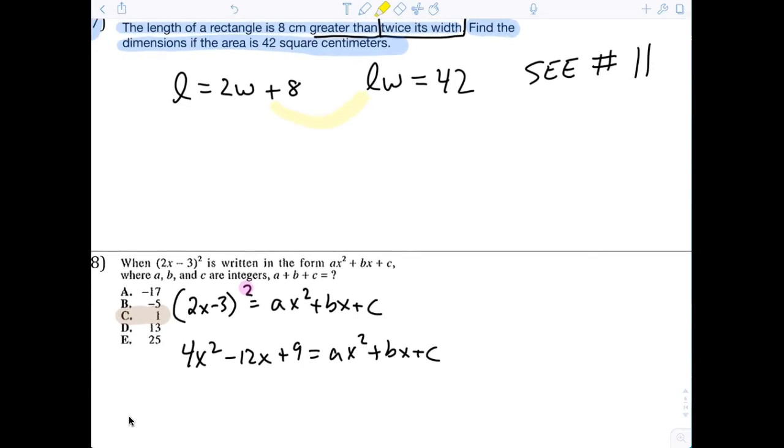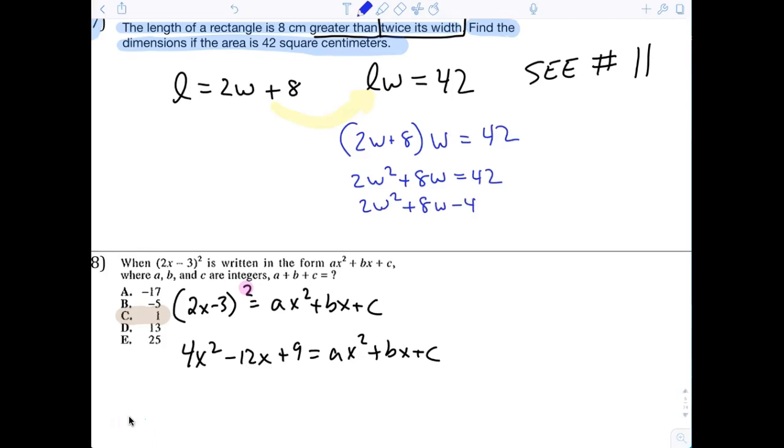Here, though, it's the same principle. I'm just plugging that in for L. So 2w plus 8 times w equals 42. Do you agree with that? Right? And so now we distribute the w. So 2w squared plus 8w equals 42. 2w squared plus 8w minus 42 equals 0.